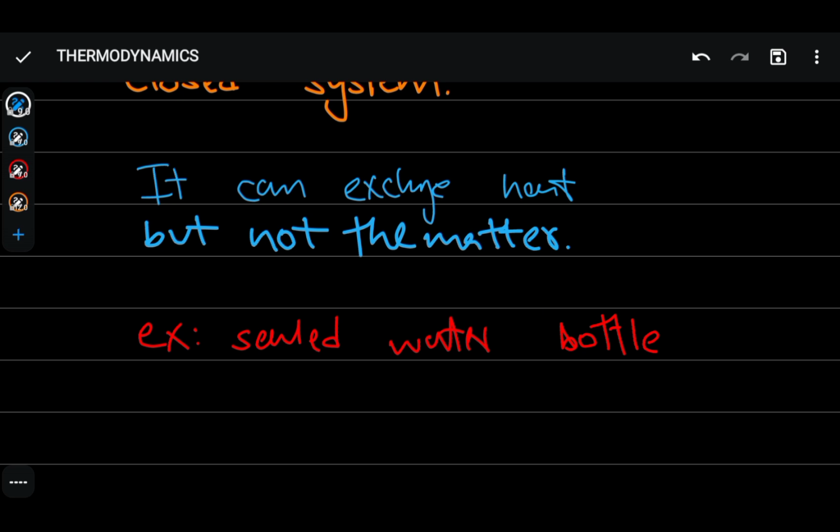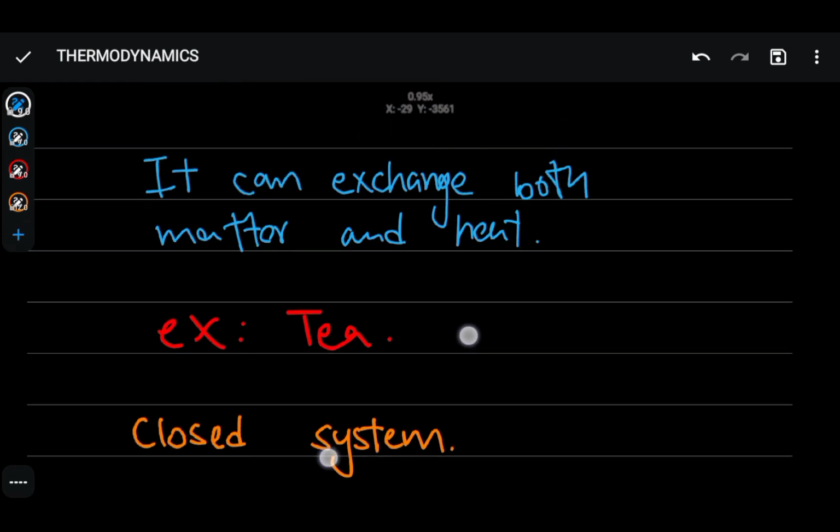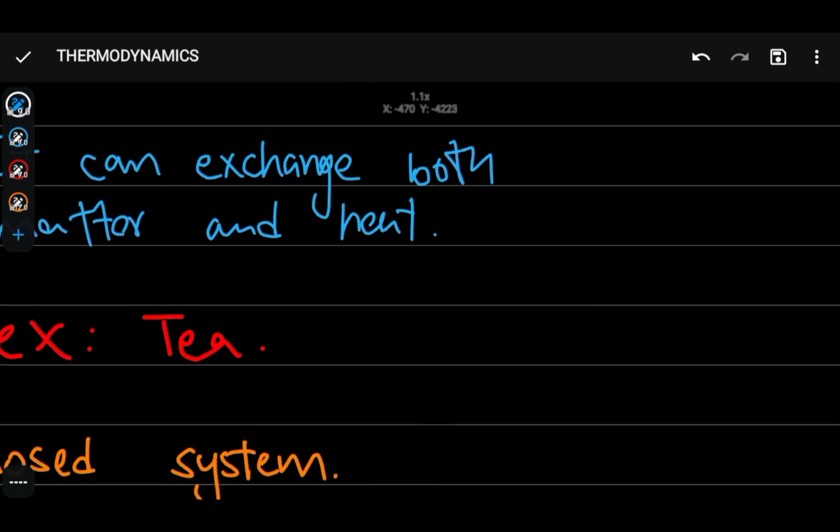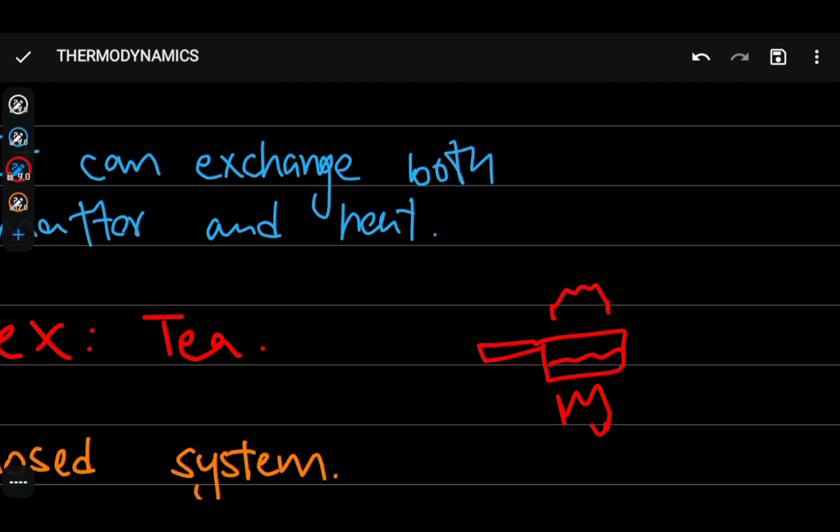I think I should elaborate the first example a little more. For example, we are having a fire here and it's a stove. On the stove here is the tea. We're making tea. When the matter is heated, the steam comes out and reacts with the air vapors, and the temperature inside the tea, the liquid, is getting hot because of the steam. So here both the steam and the heat are increasing.